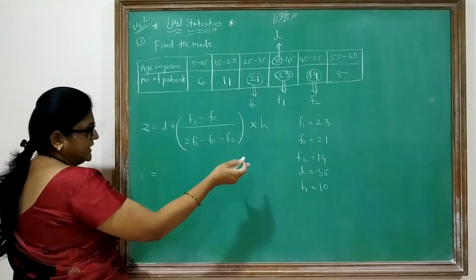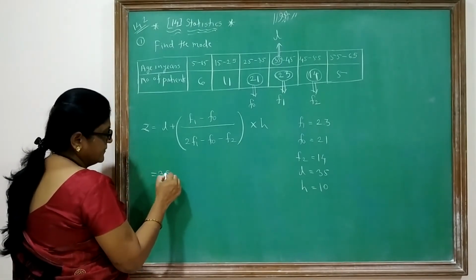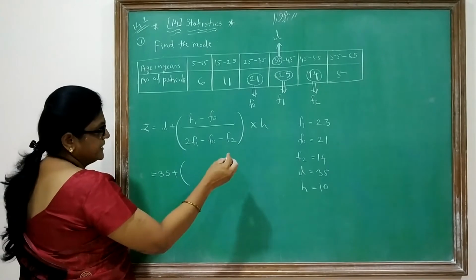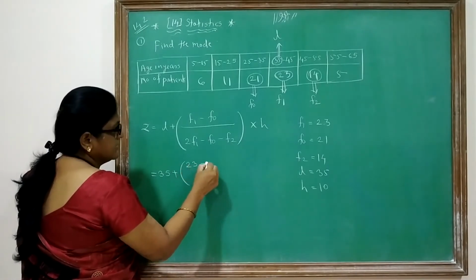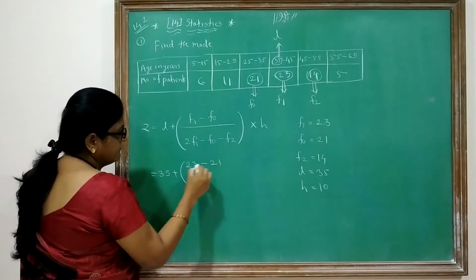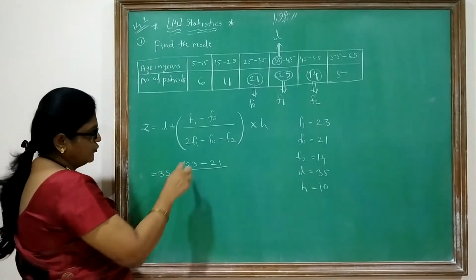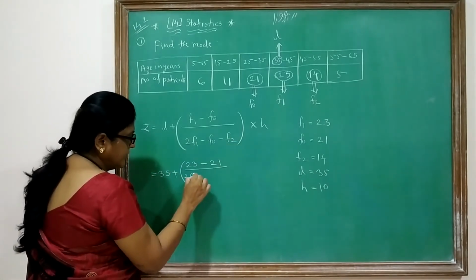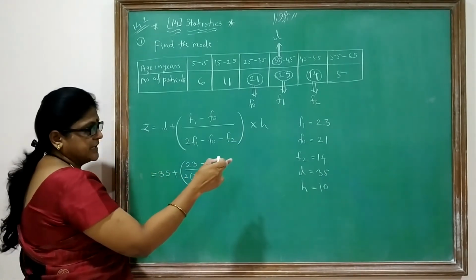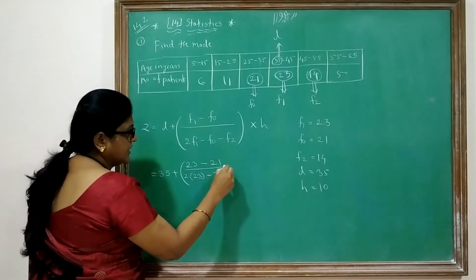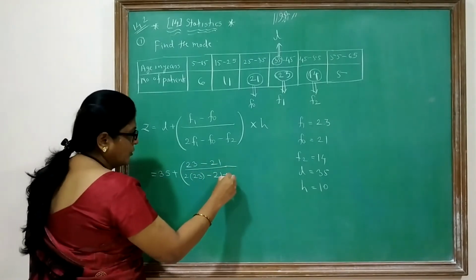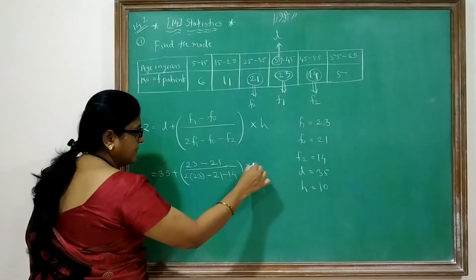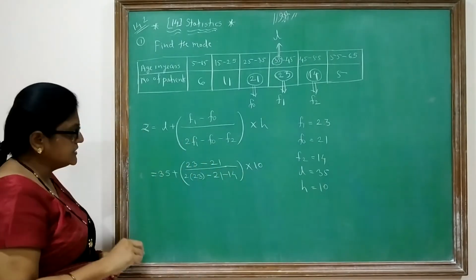L is 35 plus F1 which is 23 minus F0 which is 21, divided by 2F1, that is 2 into 23, minus F0 which is 21, minus F2 which is 14, multiplied by 10 because H is 10.